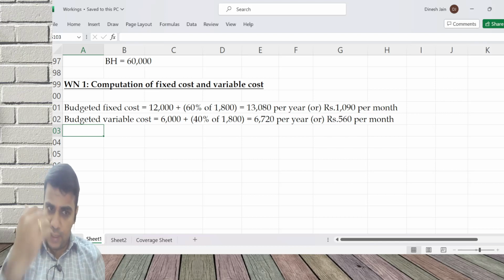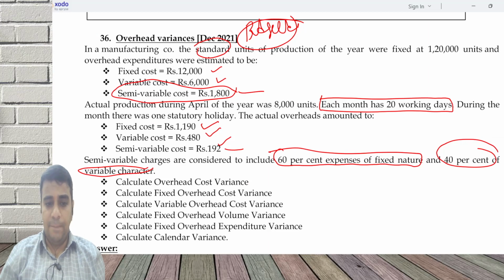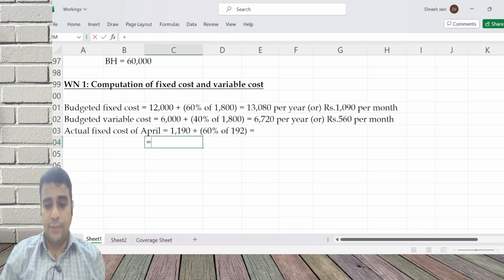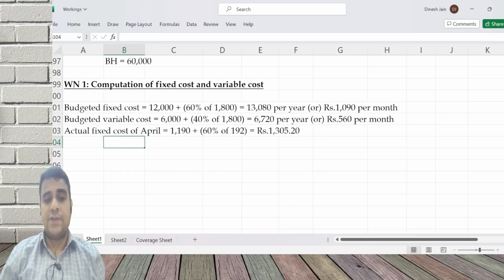Let me do it even on the actual side. Actual fixed cost of April is equal to 1,190 plus 60% of 192, which is 1,305.2. 60% will go to fixed.